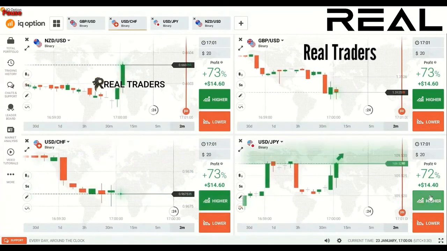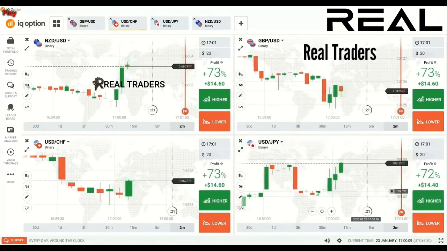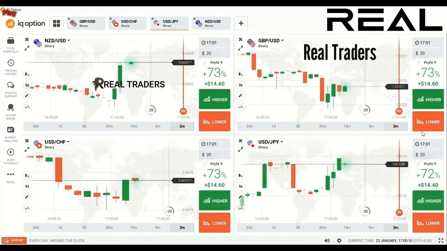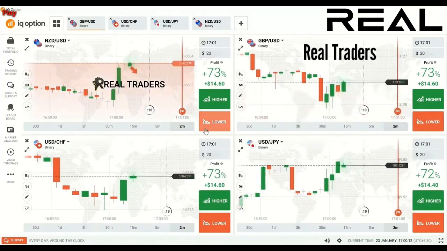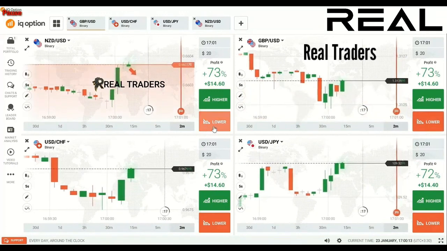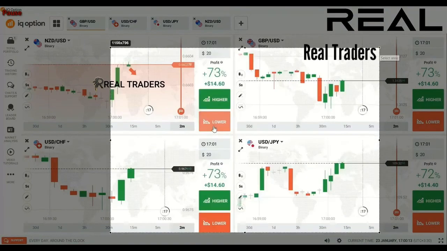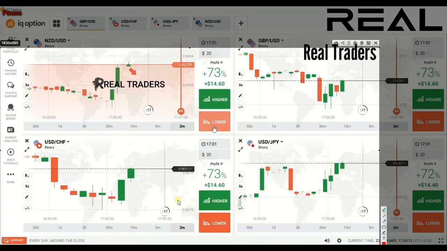You can see here I got my confirmation, so I place my trade.